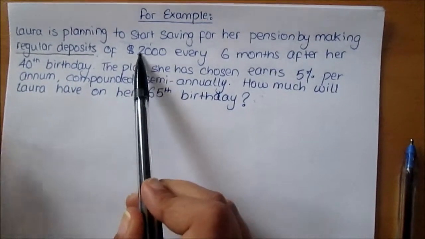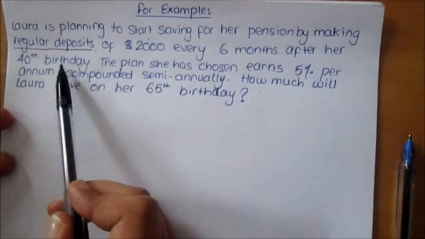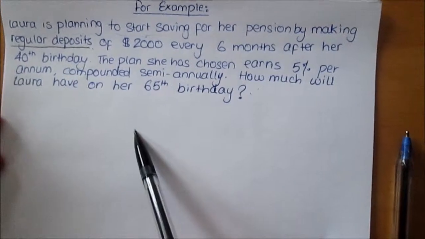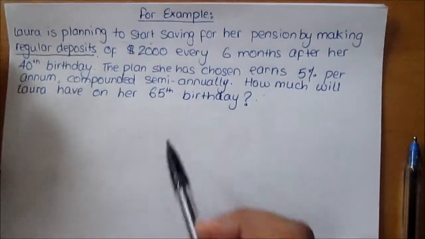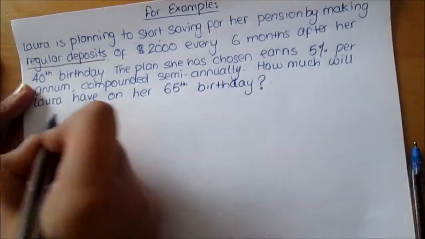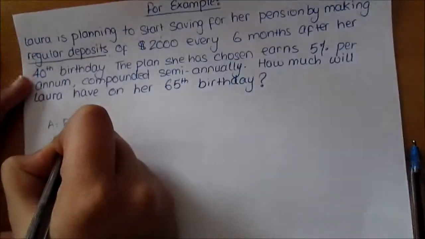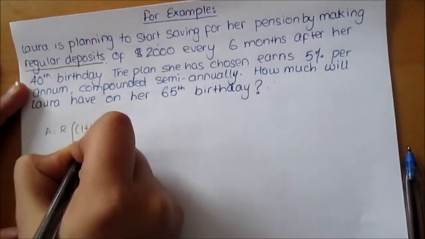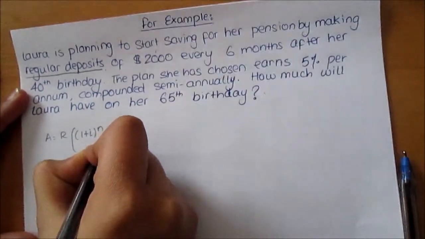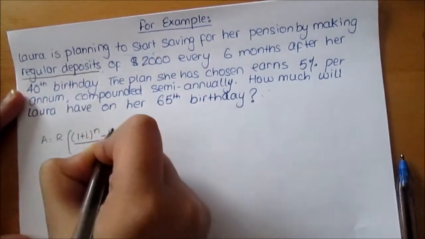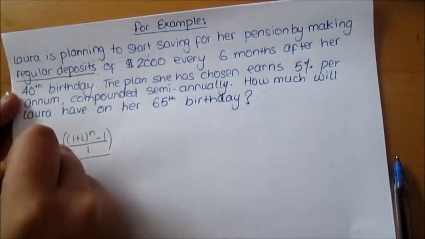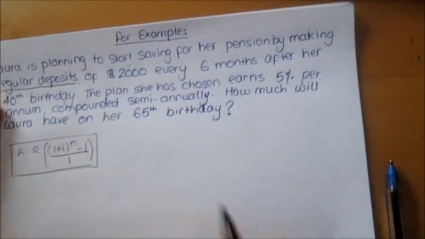When we read the question, we can tell that she's putting in some money. So that's pretty obvious that it's future annuity. So we know the formula is A equals R times (1 plus I) to the n minus 1, all over I. That's our formula. Now let's figure out what's given.